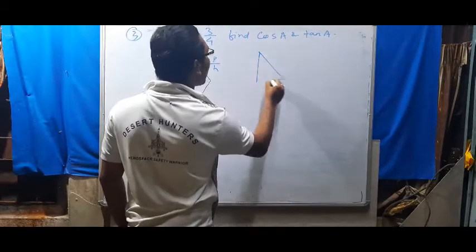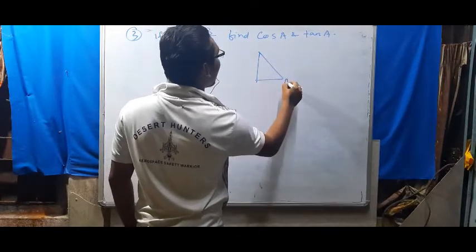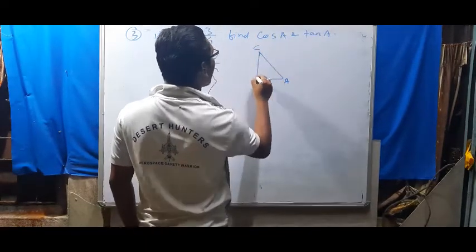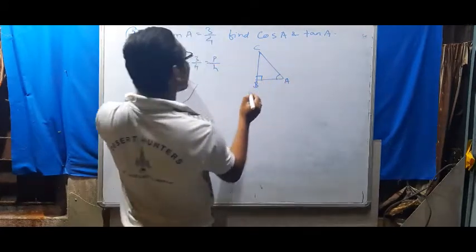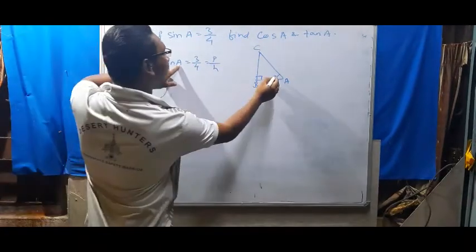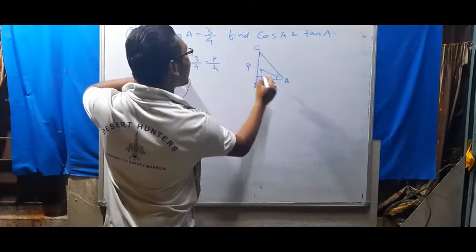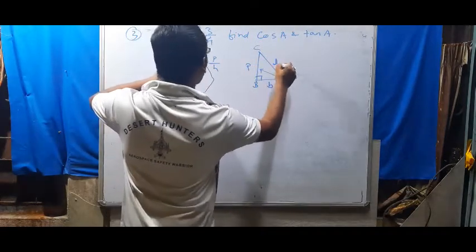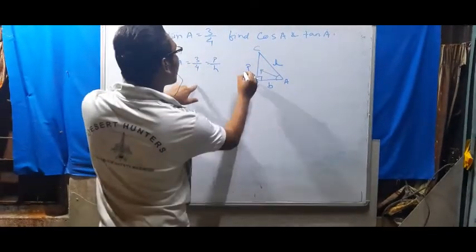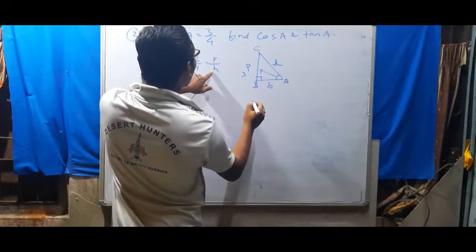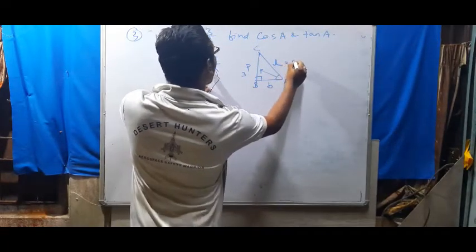So this is the triangle, this is A, this is B, this is C, because this is angle A, sine of A. So I took it as A. This becomes perpendicular, this becomes base, this becomes hypotenuse. So P is given as 3 and H is given as 4.